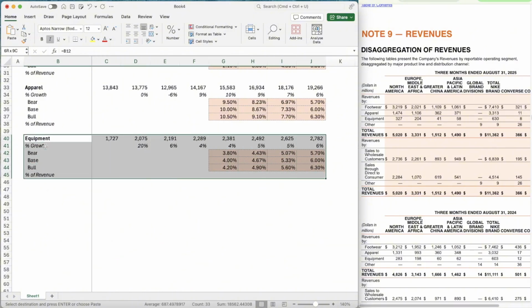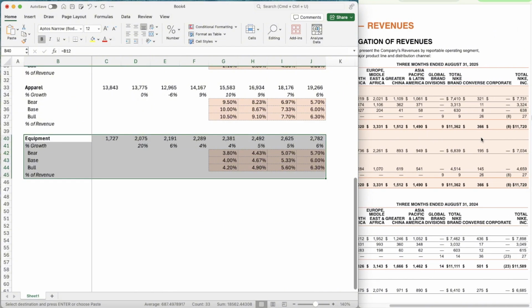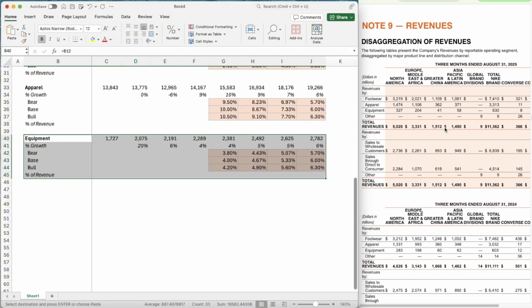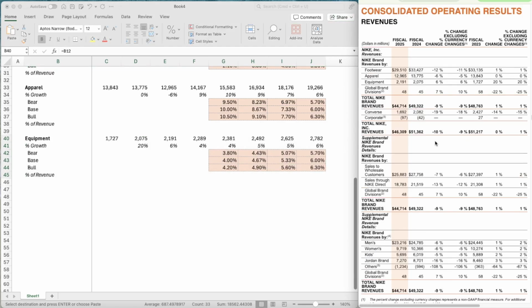Next one is this global brand divisions. Okay, easy. So this one.